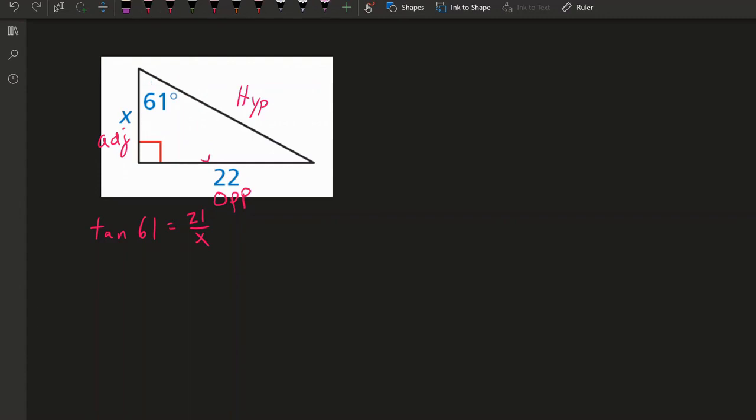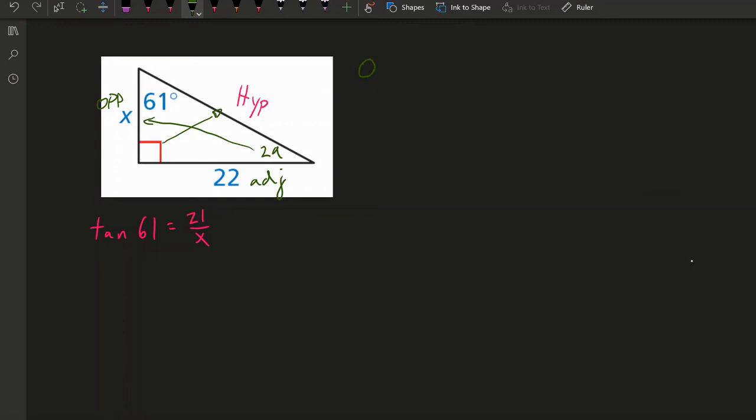So using the triangle sum theorem, if this angle is 61, the other angle would have to be 29, because all 3 angles of a triangle have to add up to 180. Now, across from the 90-degree angle is still the hypotenuse, but now across from theta is the opposite, and the other side that's not the hypotenuse, not the opposite, this is the adjacent.